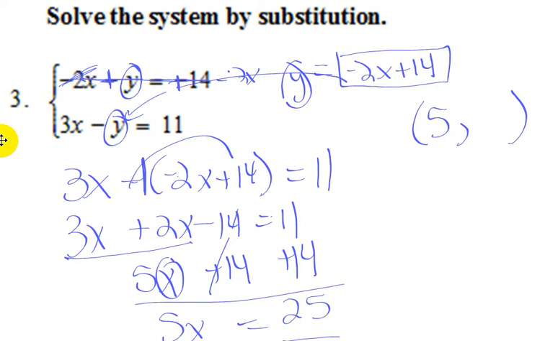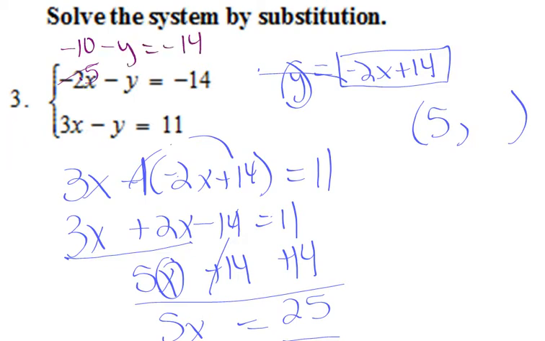So let's just use our first one. If x is 5, this becomes negative 10 minus y equals negative 14.